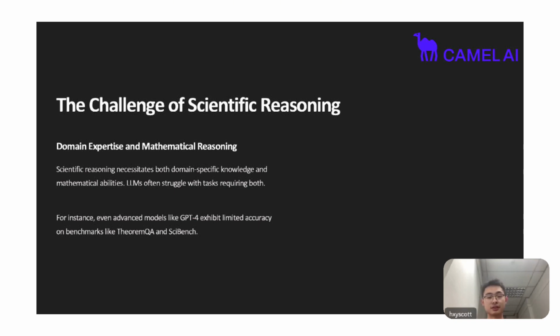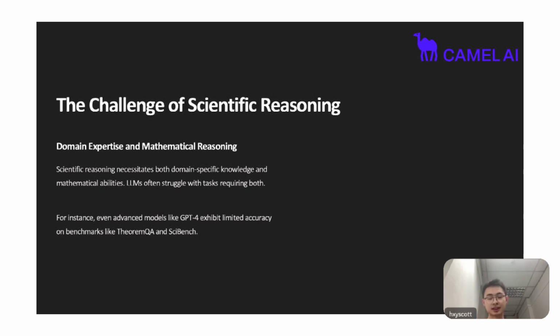First of all, you need domain knowledge, so you understand what you're talking about. For example, in physics, you understand Hooke's law and Coulomb's law. But most importantly, you also need mathematical reasoning. And in the modern world, LLMs often struggle to learn both at the same time.